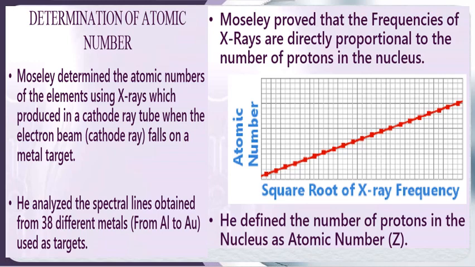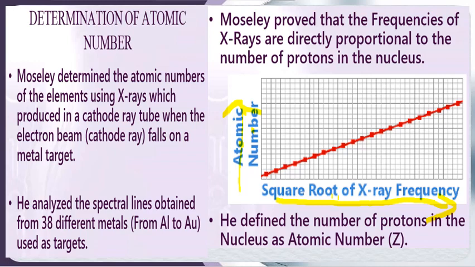As you can see in this graph, the frequency of the X-rays is directly proportional to the number of protons in the nuclei. Here it is given the atomic number on the increase, and here the frequency of X-rays. So they have a direct relationship with each other.